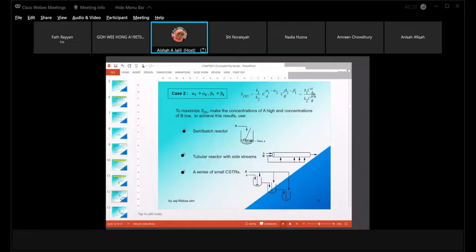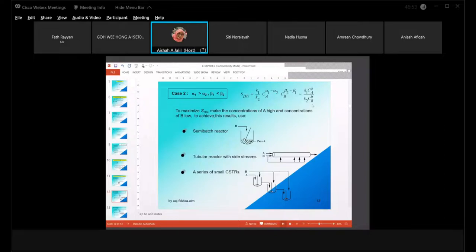This is A, this is B. Now to maximize this, the Ca is at the top, the Cb is at the bottom. You have to make Ca higher, and then make B lower. So to maximize SDU, make the concentration of A high and the concentration of B low.